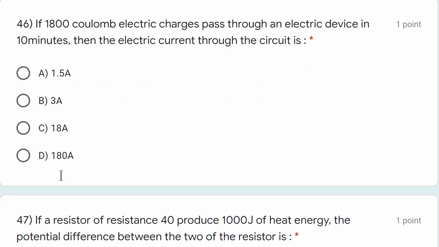Next question. If 1800 coulomb charges pass through an electrical device in 10 minutes, the electrical current through the circuit is. Now the current is defined as coulomb by second. So we need to convert this to seconds. If we convert 10 minutes to seconds, you get 600 seconds, because each minute is 60 seconds.